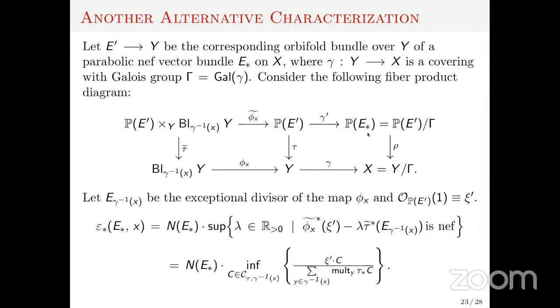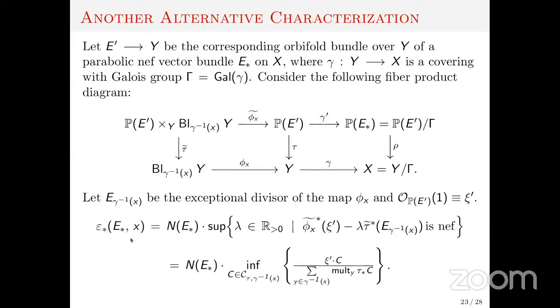And I can blow up Y along these finitely many points, and I can consider the fiber product. And also we have P of E star over X, which is equal to the quotient of P of E prime mod gamma. And let E of gamma inverse x be the exceptional divisor on Y.